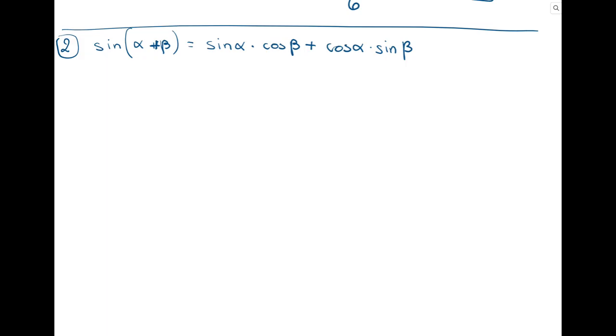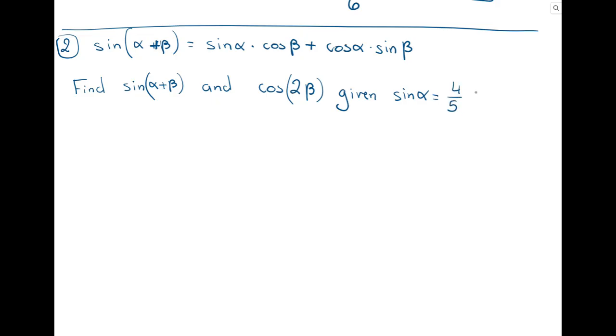And so we need to find sine of alpha plus beta, and we also want to find cosine of 2 beta, given sine alpha is equal to 4/5, and we're told that alpha is between 0 and pi over 2, and given as well that sine beta is equal to 5/13, and beta, we're told, is going to lie between pi over 2 and pi.